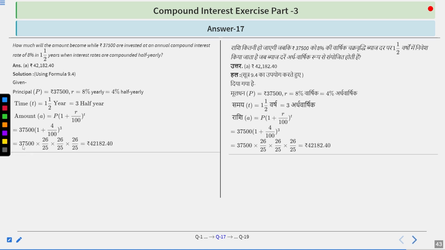That is equal to 37,500 into 26 upon 25, because 1 plus 4 upon 100 is 26 upon 25, into 26 upon 25 into 26 upon 25, because power is 3. That is equal to rupees 42,182.40. Option A is the correct answer.